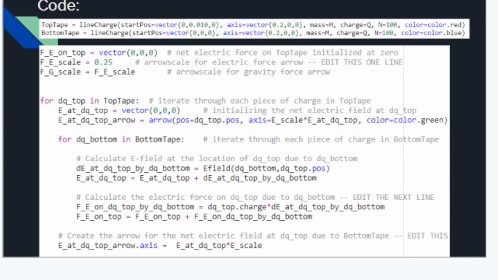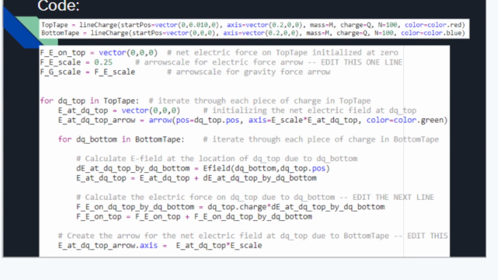In the second block of code, I used two for loops, one for the top tape and one for the bottom tape. The idea is to initialize an electric field vector for the top tape, and then have each individual point charge of the bottom tape contribute to that electric field.